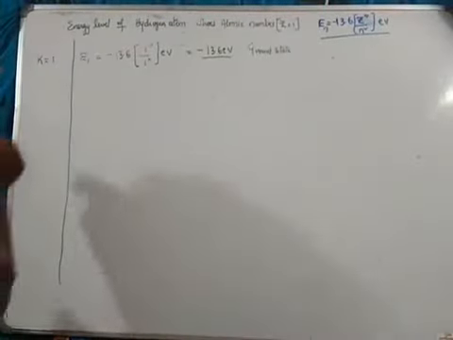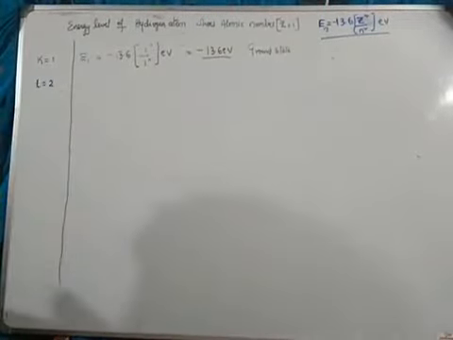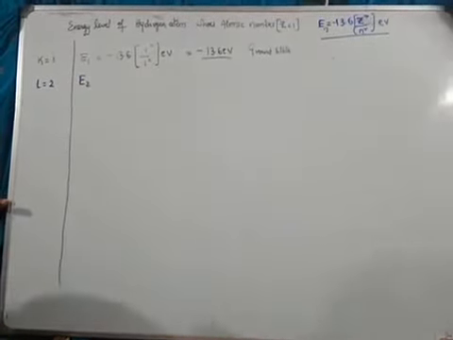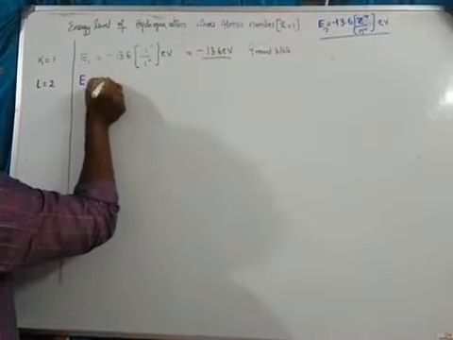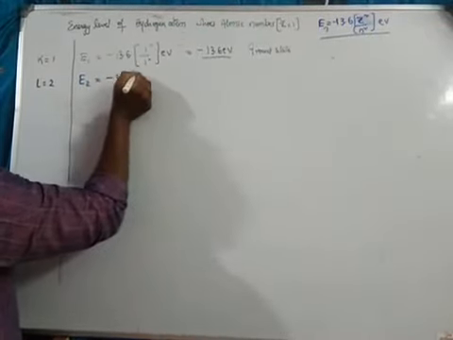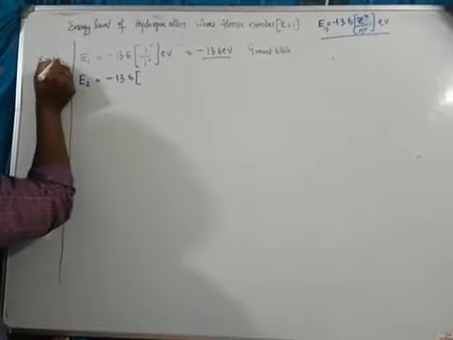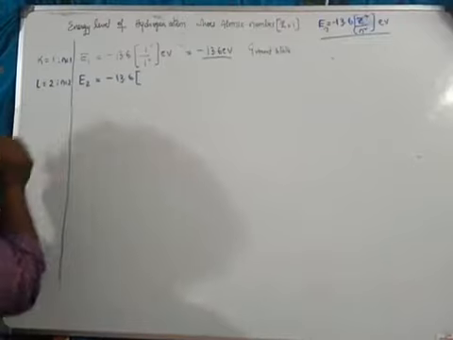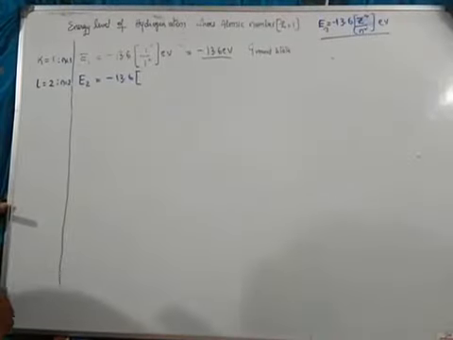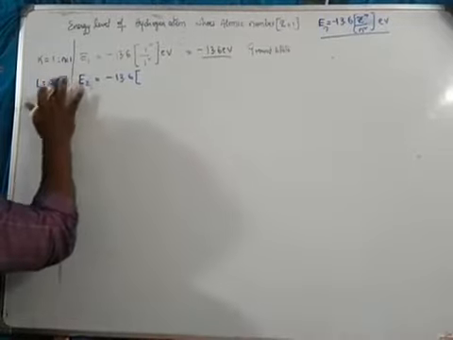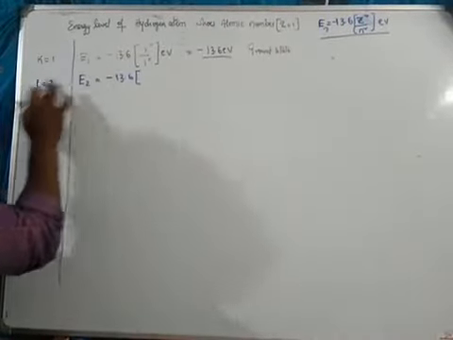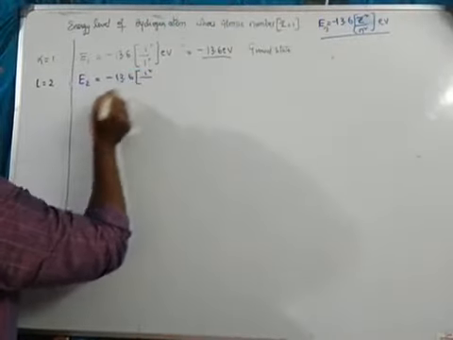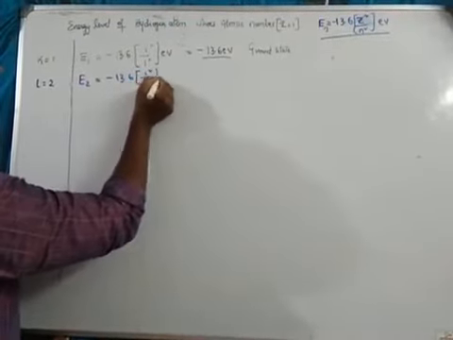Second, for the L shell, n is equal to 2, so we want to calculate the energy level for the second orbit. E2 is equal to minus 13.6 times Z square, 1 square, divided by 2 square, which is 4, electron volt.